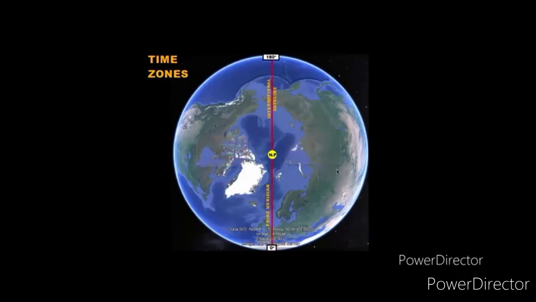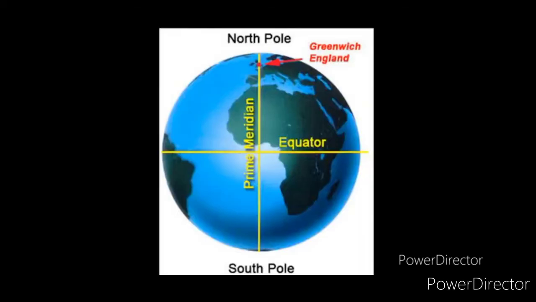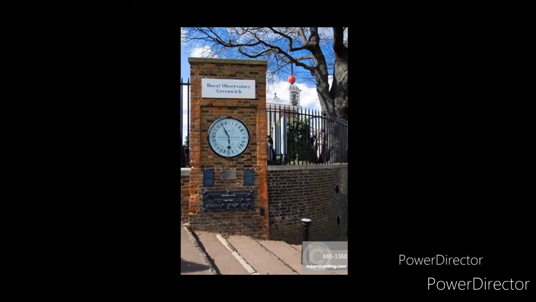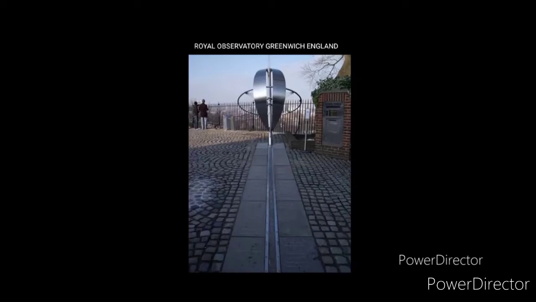Prime meridian at 0 degree is also known as Greenwich Mean Time as it runs through Greenwich, England. The Royal Astronomical Observatory at Greenwich near London was chosen for Greenwich Mean Time. In short, this line is also known as GMT.